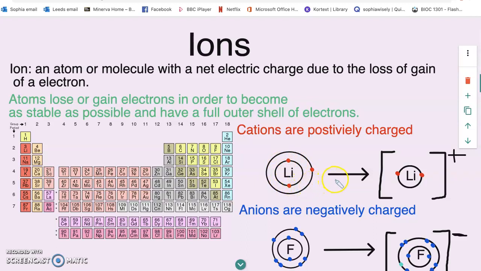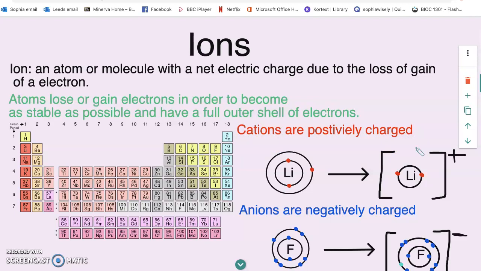So here, if we go over, lithium has 2 electrons and it's in these brackets, and because it's lost 1 electron, it means it has more protons than it does electrons now, so that's why it's a positively charged ion. And positively charged ions are called cations. So cations are positively charged.